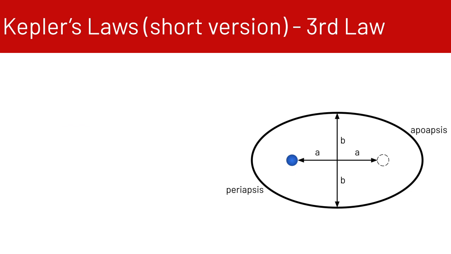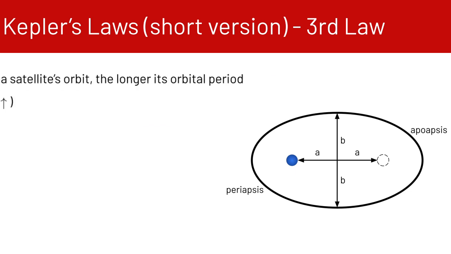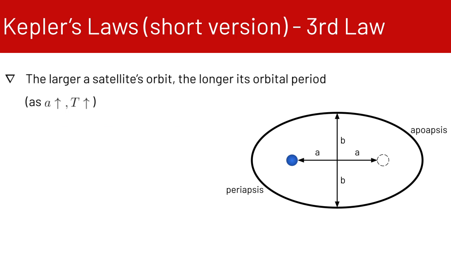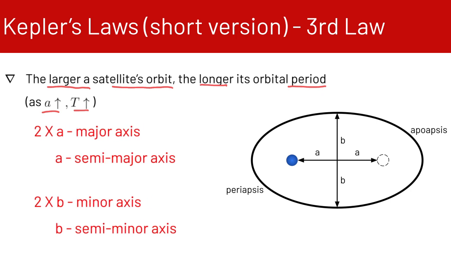All right, let's look at the third law. The third law says the larger a satellite's orbit, the longer its orbital period. So in other words, as A increases, T increases. And A is the semi-major axis.